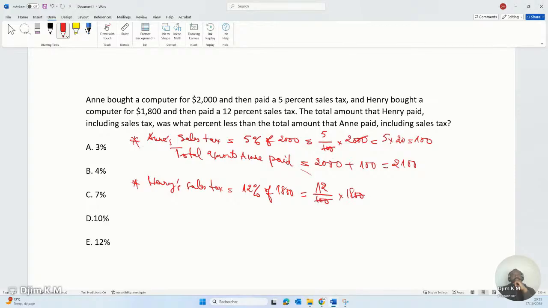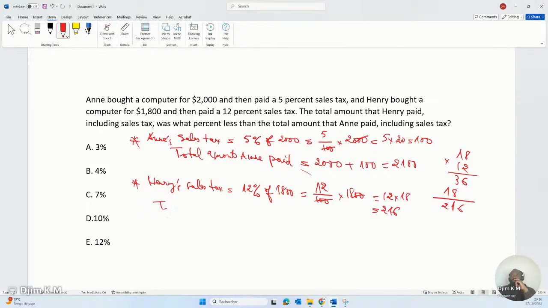So like this, 12 times 18. So this is 216.